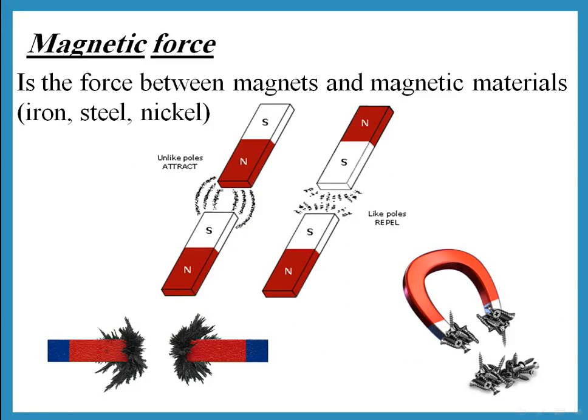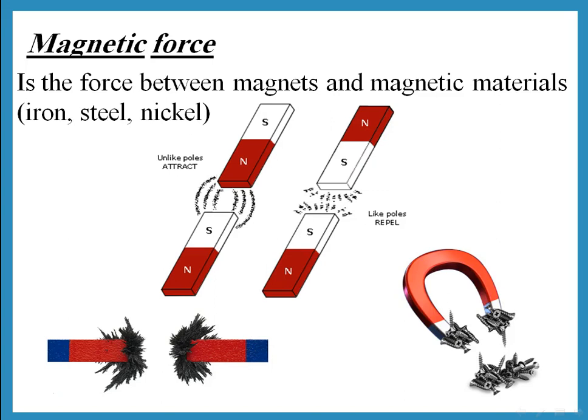Now, magnetic force is the force between magnets, and we already know that magnets have an end that points to the north and an end that points to the south.